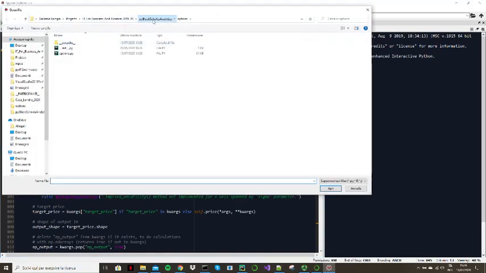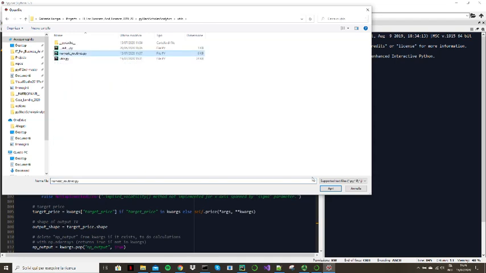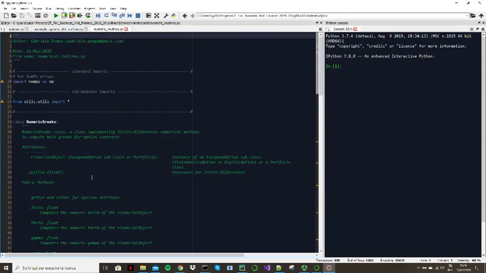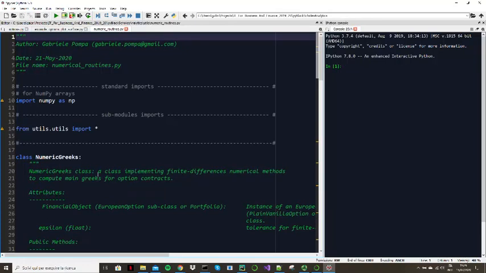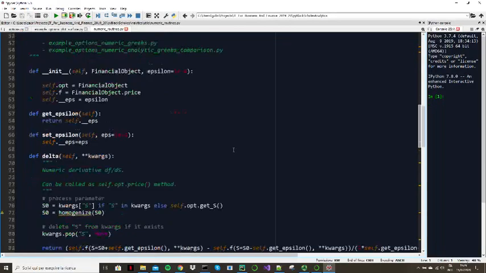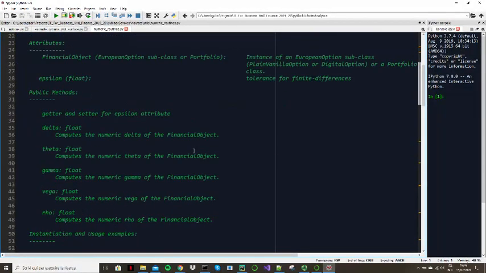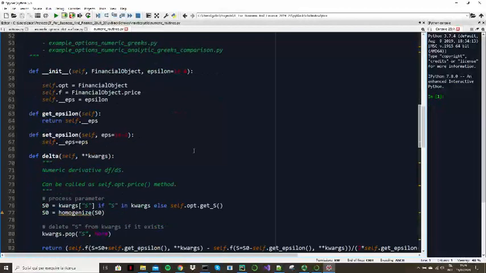So it's in utils, numeric routines. Here is our NumericGreeks class. This is a very simple class which implements methods that take as input a financial object that has a price method.